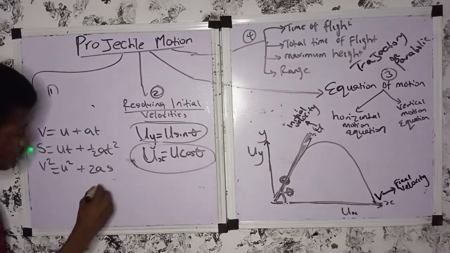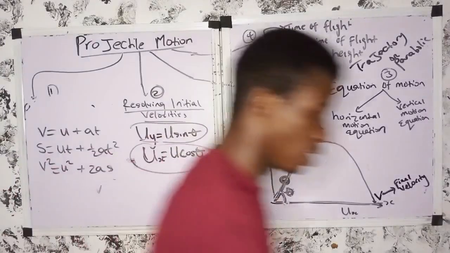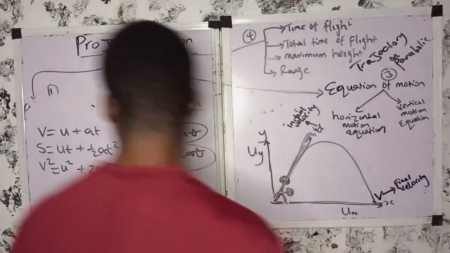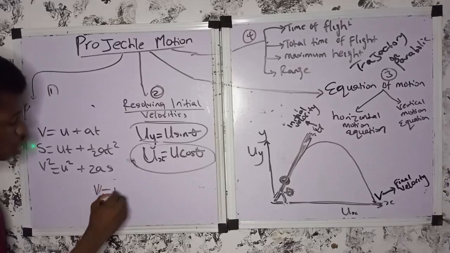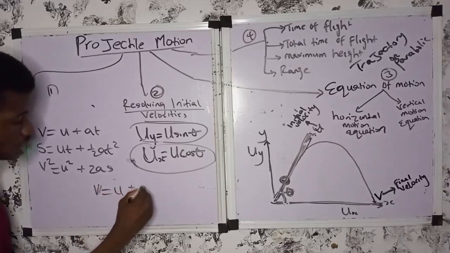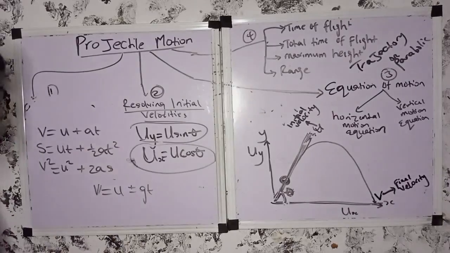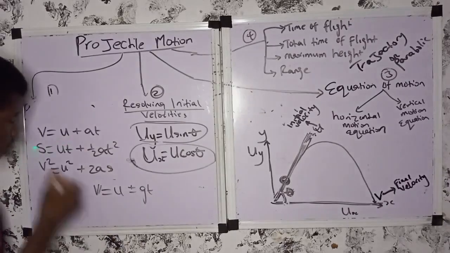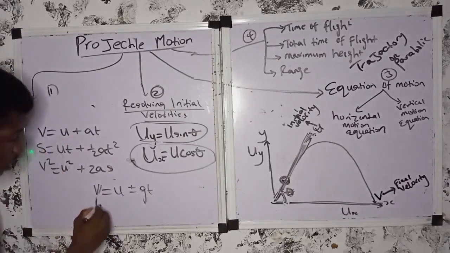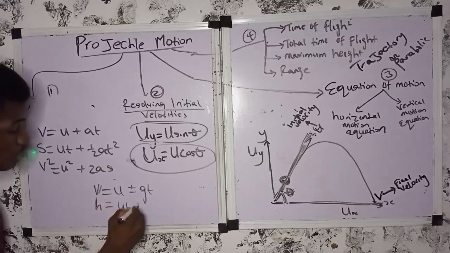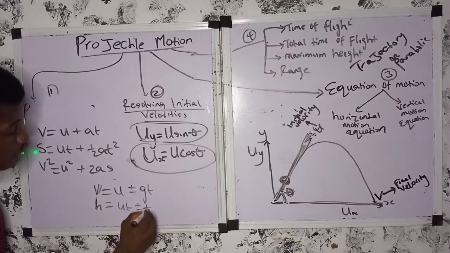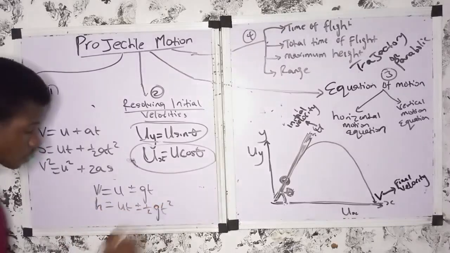Then what about vertical? The vertical will now be v equals u plus or minus gt, where a turns to g. Then the distance turns to height, so h equals ut plus or minus half gt square.